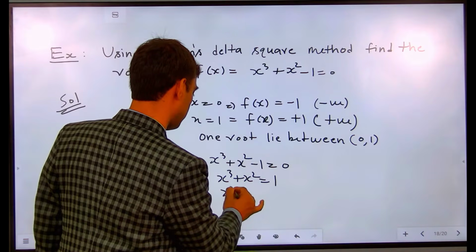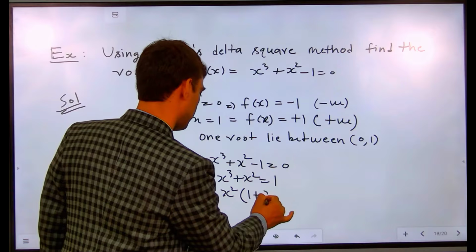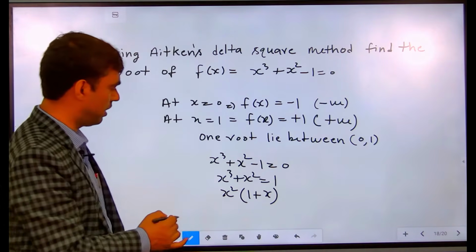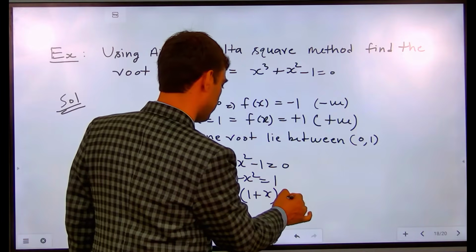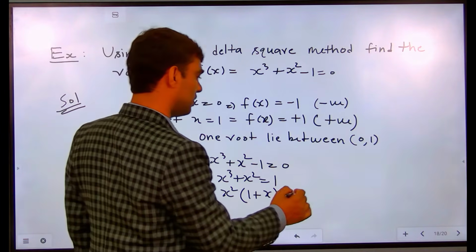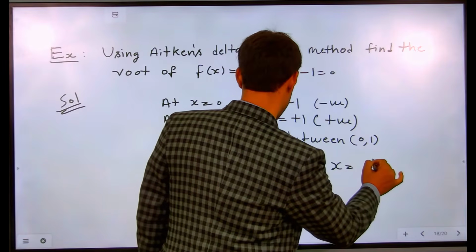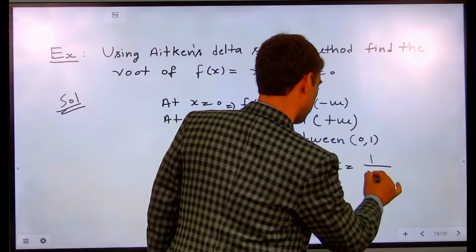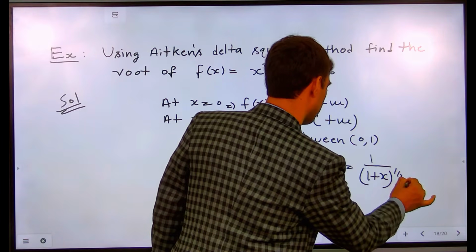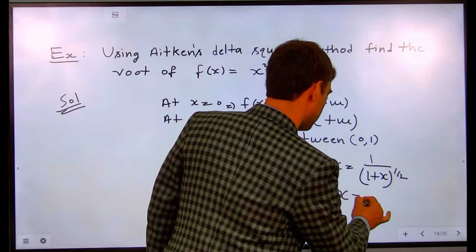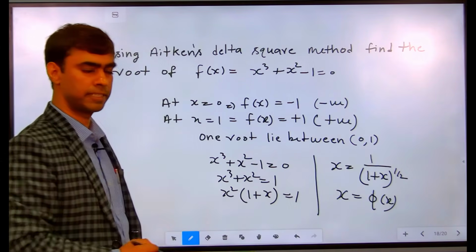If we take x square common, then x square into (1 plus x) equals 1. So what is the value of x? Here you may write x equal to 1 upon (1 plus x) to the power 1 by 2. So we are able to write x equal phi x in this form.